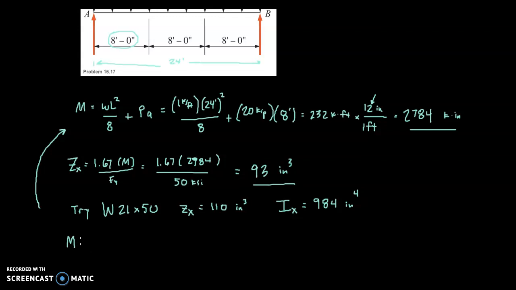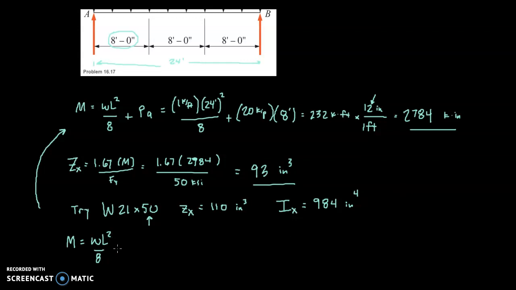So self-weight is always a uniformly distributed weight. So the formula there is WL squared over 8 for the self-weight. And the self-weight is in the designation of the wide flange. We chose W21 by 50, so that means it has a weight of 50 pounds per foot. But we would prefer to deal in inches.